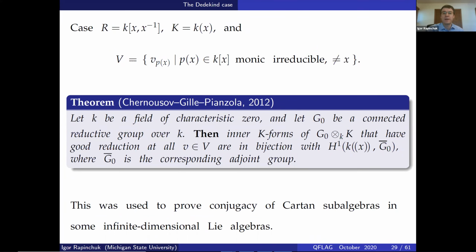This result was central to their work in proving the conjugacy of some analogs of Cartan subalgebras in certain settings. Igor: This is not totally correct. Are you sure about the inner forms? Because that's the image of this thing in the G0. Yes, up to a map with finite fibers.